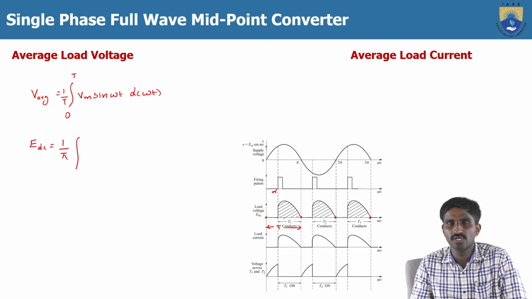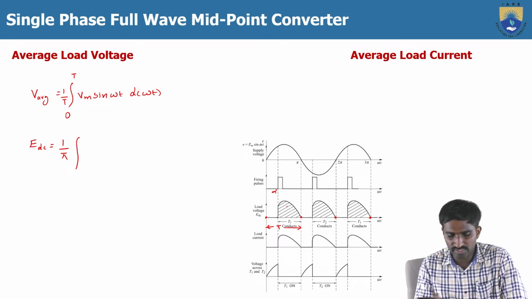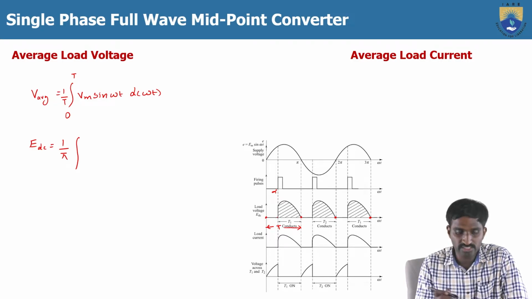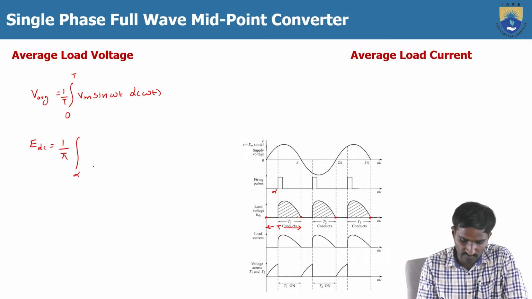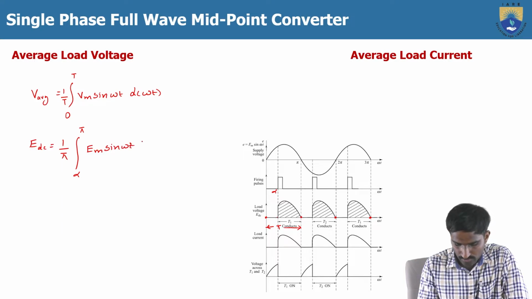So the maximum limit to conduct here is T, and this T and this T are the same. It is not conducting from 0, it is conducting from alpha. Then the limits are from alpha to pi into, instead of Vm, we have considered Em sine omega t d omega t.